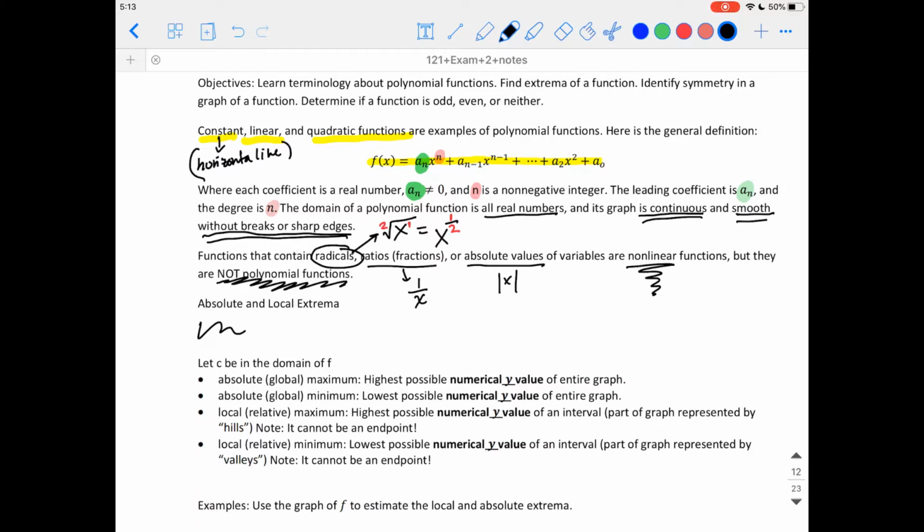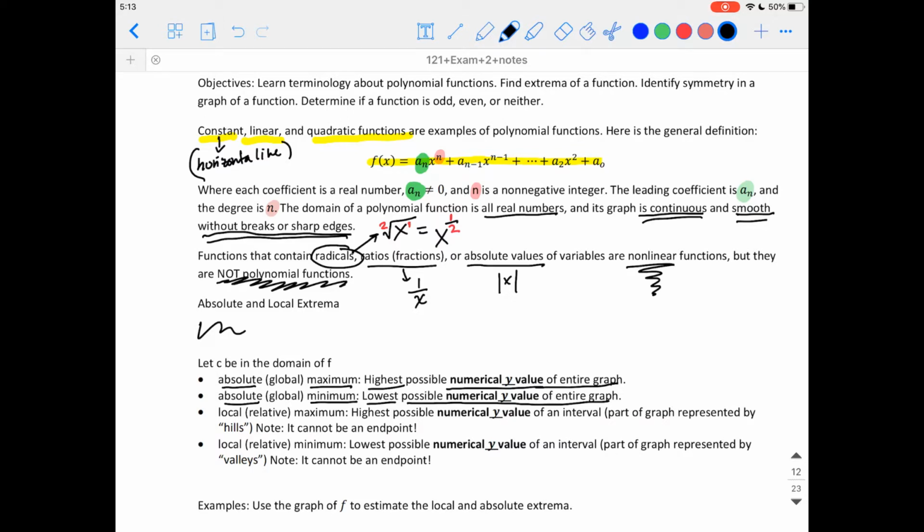And the absolute minimum or global minimum, they're synonyms, is going to be the lowest possible numerical y value of the entire graph.